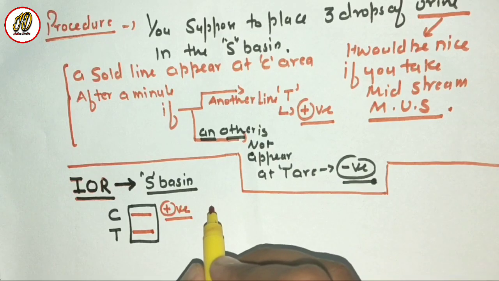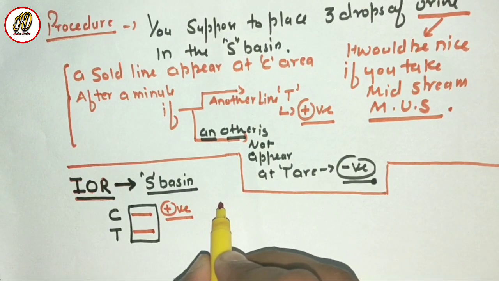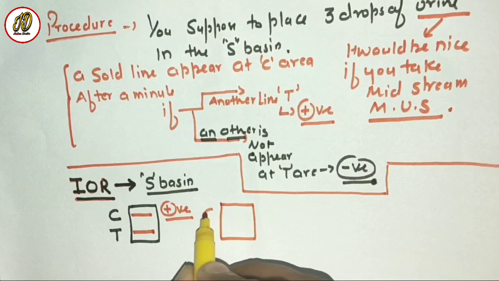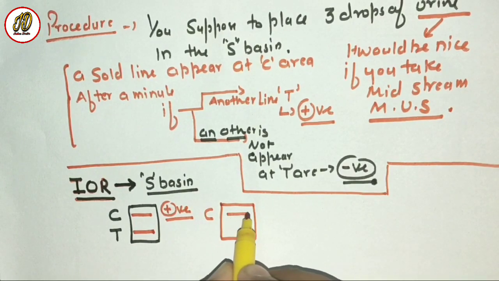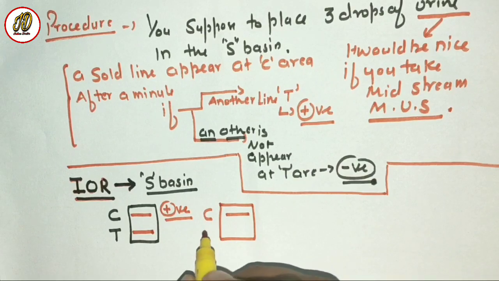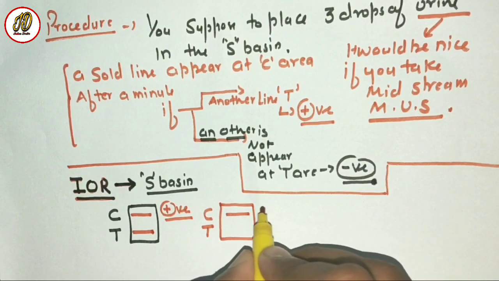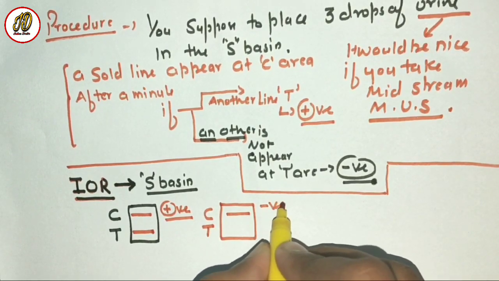And if there is a line in front of the C and there is no line in front of the T, that means the pregnancy test is negative.